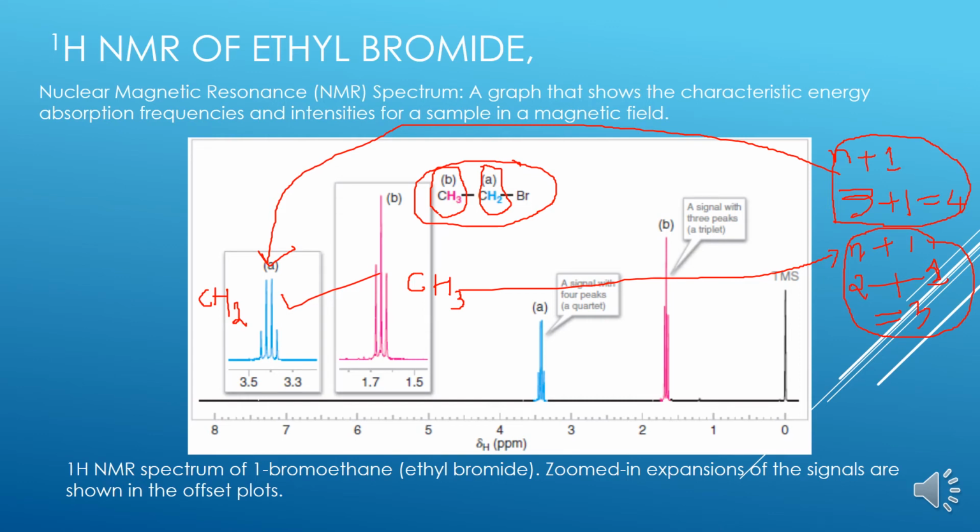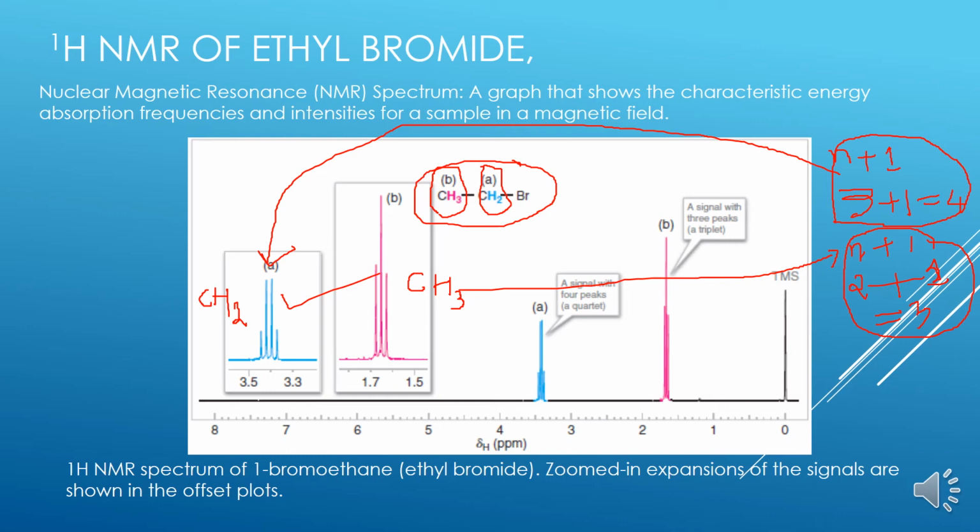CH2 protons are labeled as A, CH3 protons are labeled as B. CH2 protons split into 4 peaks. That means 3 neighboring protons are available, therefore 3 plus 1 gives rise to 4. As far as CH3 splitting is concerned, there are two neighboring protons. Therefore the n plus 1 rule gives 3 peaks.